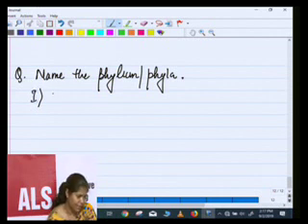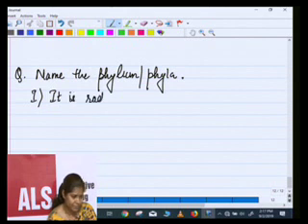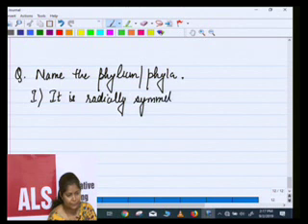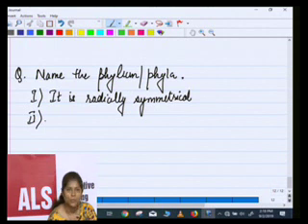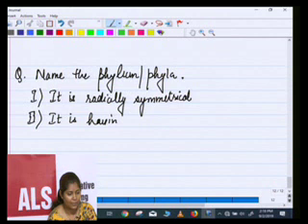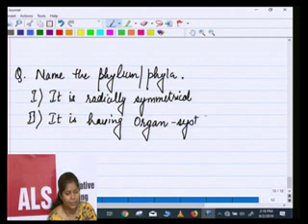The first property is, it is radially symmetrical. You have to give me correctly the name of the phyla. It is radially symmetrical. It is having organ system level of organization.